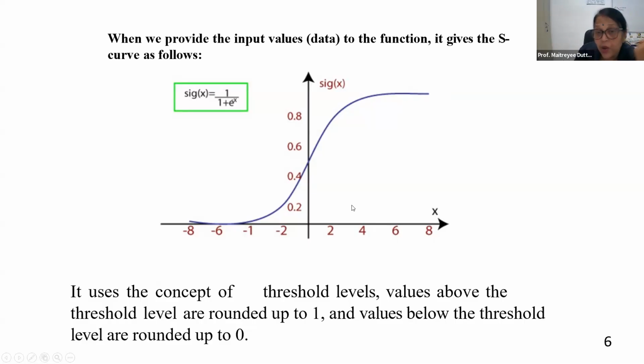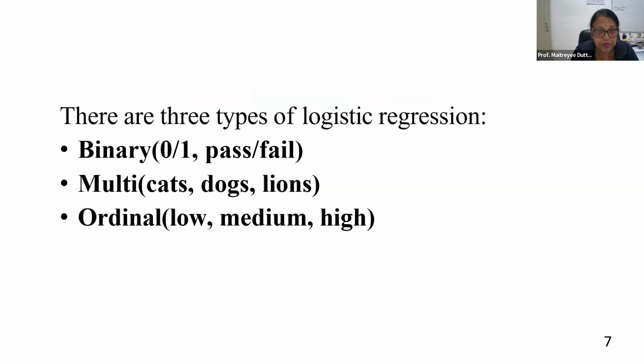If it is below the threshold value, it will be rounded to 0. So there will be two classes. Values near the threshold we designate as 1, and if it is very much below the threshold, we say it is rounded to 0, right? In such a way you can find out the 1 or 0 classification.